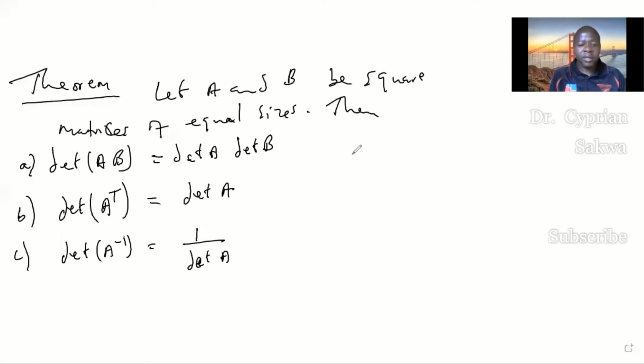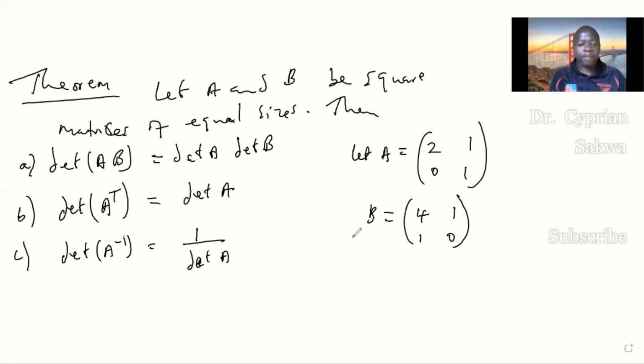For example, take A to be 2, 1, 0, 1 and take B to be 4, 1, 1, 0. Can you show, using this, that the determinant of A times B is the same as the determinant of A times the determinant of B?